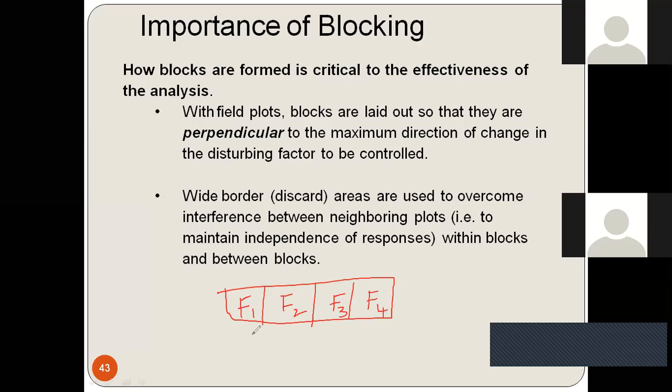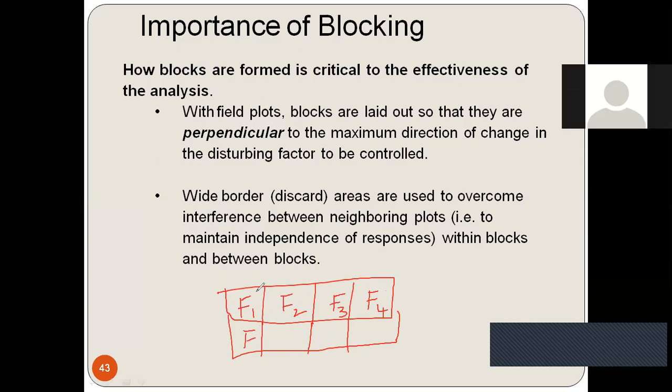So what is the problem here? Can somebody tell me what the problem is if you do a fertilizer experiment in adjoining blocks? Border effect, yeah. You are applying F1 fertilizer, some kind of mixture, here. If you irrigate the field, there may be a chance that some of the nutrients can move to the neighbor blocks through seepage of the water.